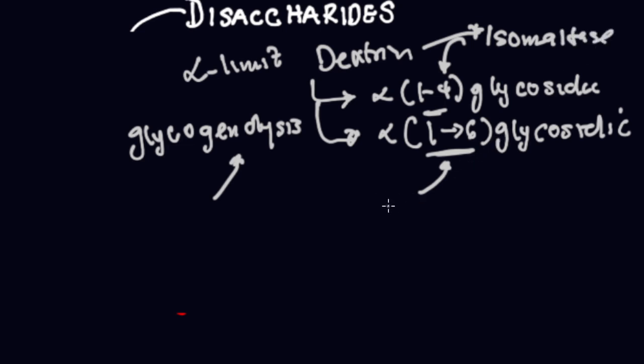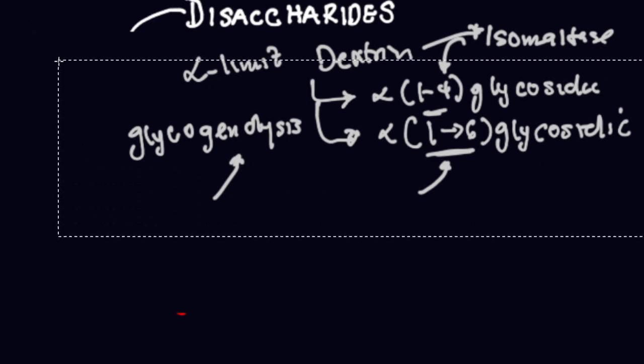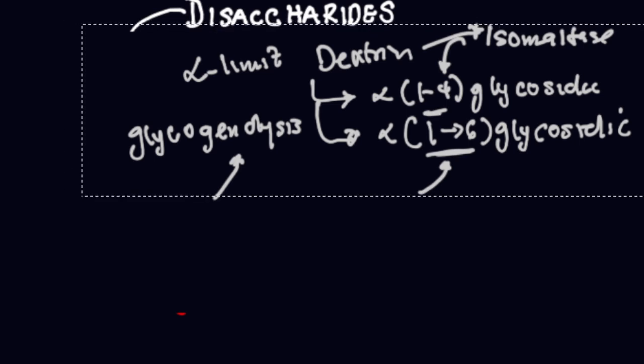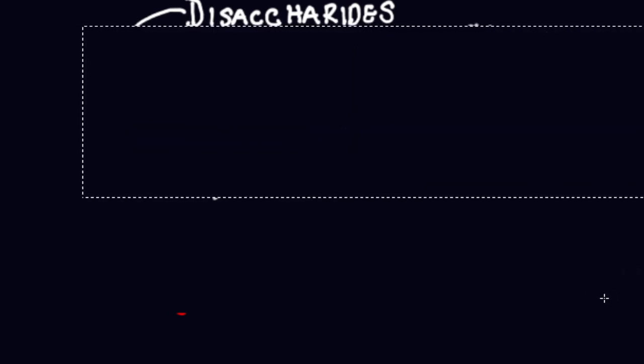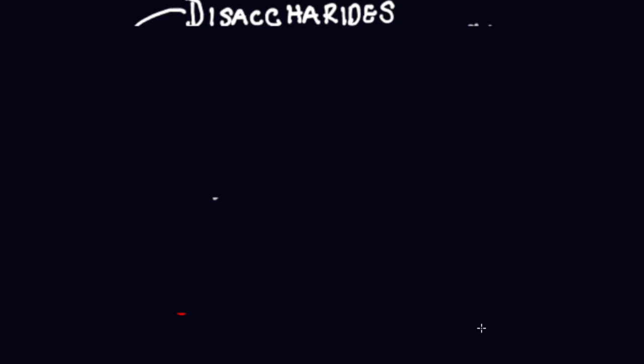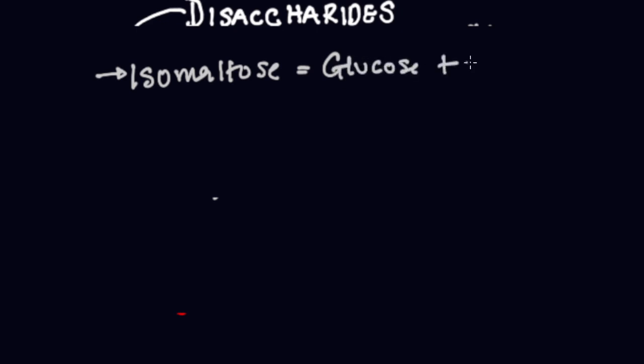So now I'm going to explain isomaltose. It's a type of disaccharide, and also an intermediate of energy generation whenever your body is metabolizing carbohydrates. Alpha limit dextrin is an oligosaccharide, and at the same time isomaltose is a disaccharide composed of glucose and glucose.